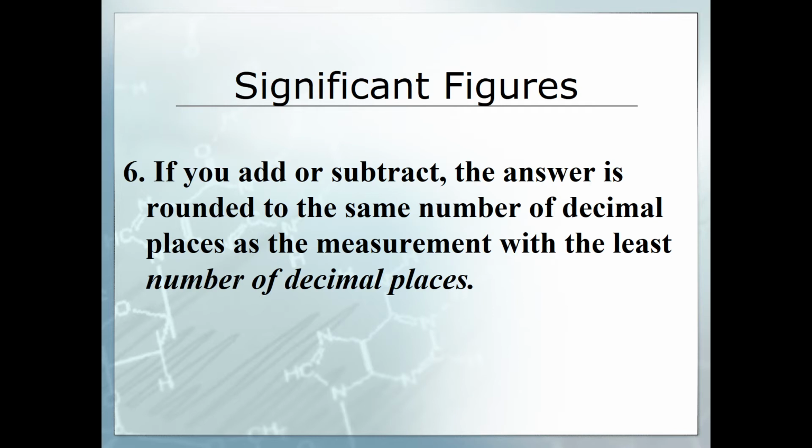I really don't like this term. They're using number of decimal places to mean significant figures. I think this is supposed to say if you add or subtract, the answer is rounded to the same number of significant figures as the measurement with the least number of significant figures. Yes, I believe you should change number of decimal places to significant figures.